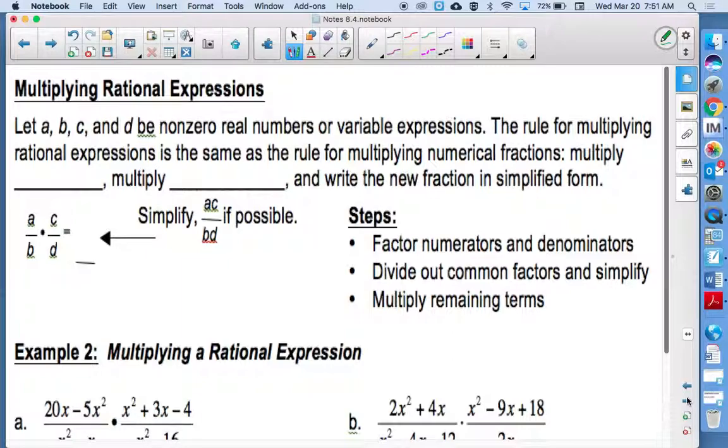The rule for multiplying rational expressions is the same as the rule for multiplying numerical fractions. So when you're multiplying 1/2 times 3/4, something like that, we want to multiply the numerator. Both numerators get multiplied together. And then we multiply the denominators.